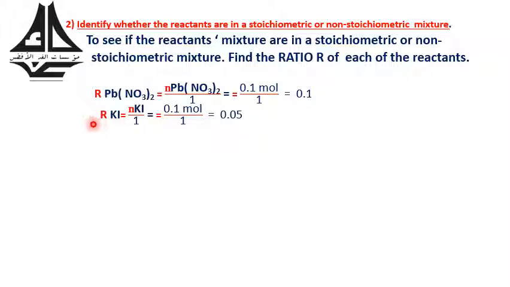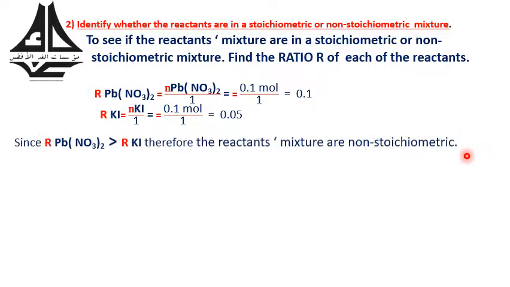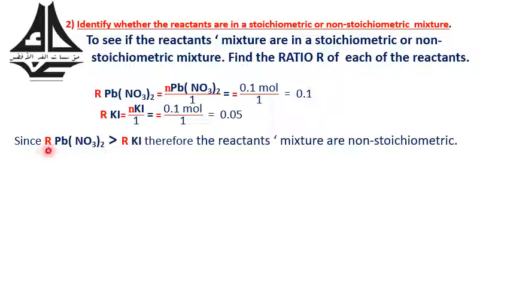And the ratio of KI equals the number of moles of KI initially present over its stoichiometric coefficient, it's equal to 0.1 mole over 2, it's equal to 0.05. Remember that the ratio of each reactant has no unit, okay? So, since the ratio R of Pb(NO3)2 is greater than the ratio of KI, therefore the reactants mixture is non-stoichiometric.